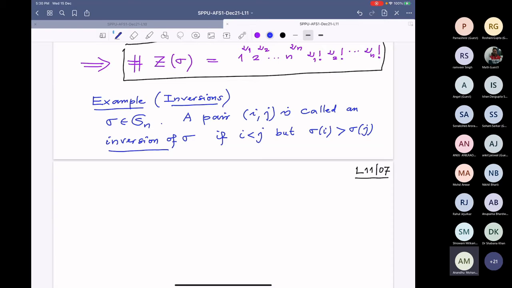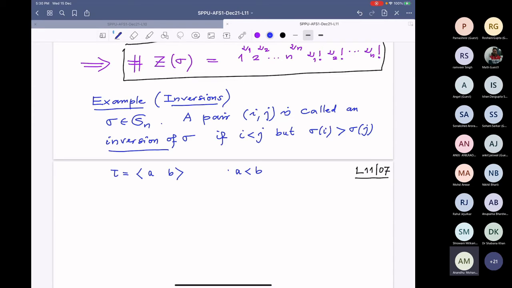Now, for example, what is the sign for a transposition? If tau is a transposition (a b), while writing the transposition you can always assume that if a is bigger, then I will write b first. That doesn't matter in a transposition.